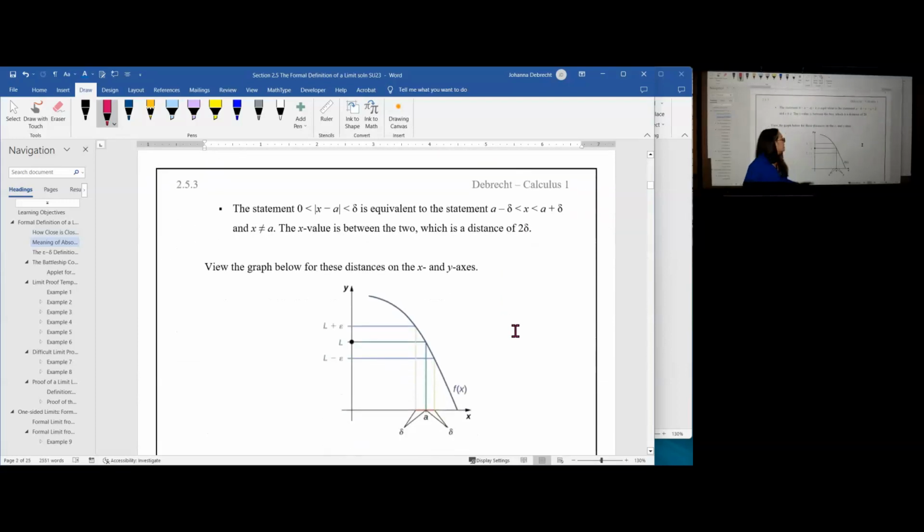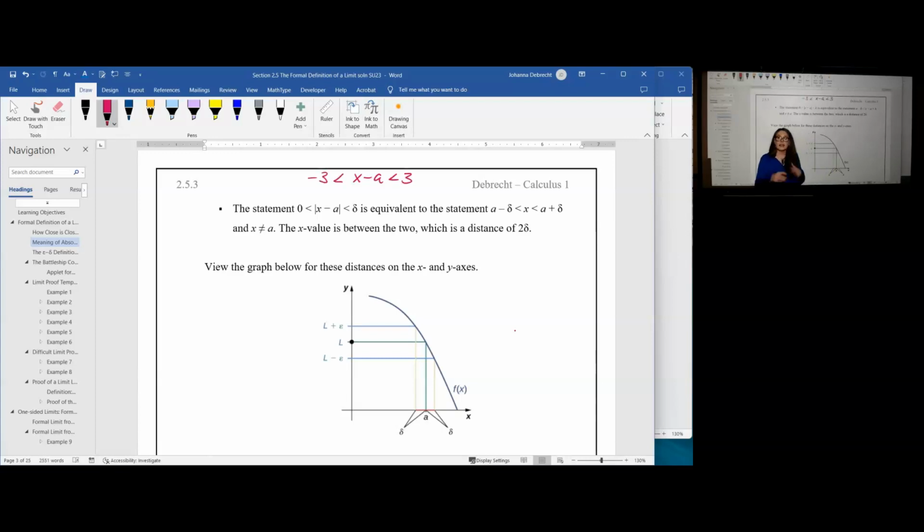The statement here again means absolute value of x minus a greater than 0 means x is not equal to a. Having x minus a absolute value less than delta means the distance between x and a is less than some number delta. Let's say it's 3. That means that x minus a has to be sandwiched between 3 and -3.